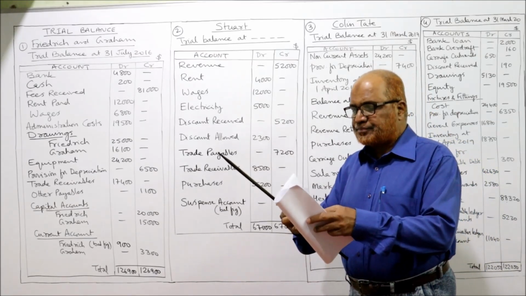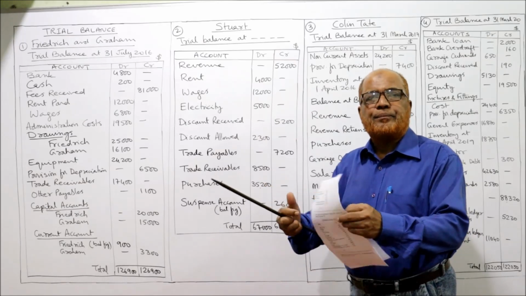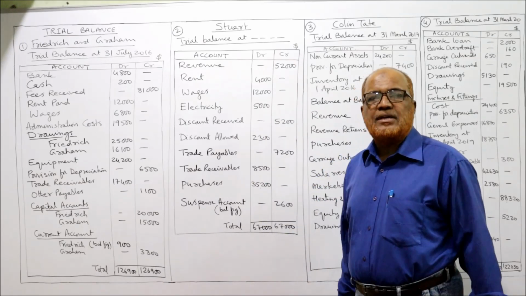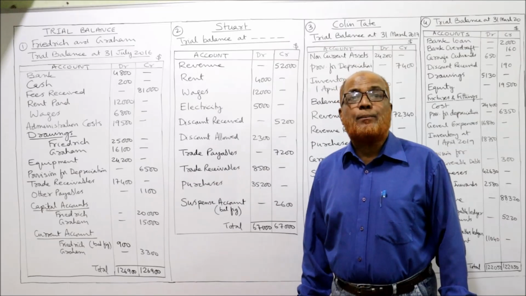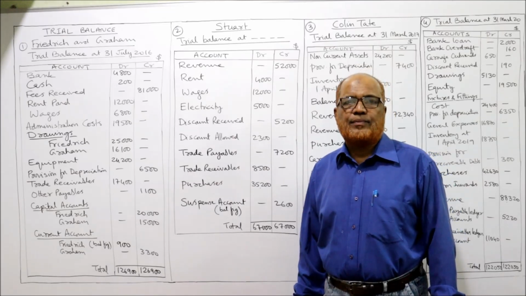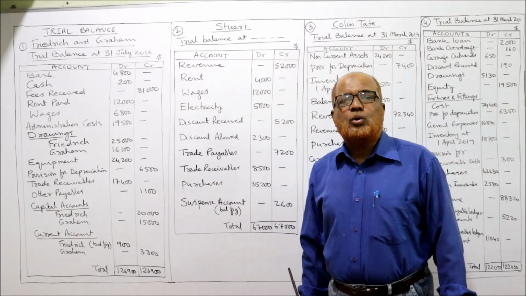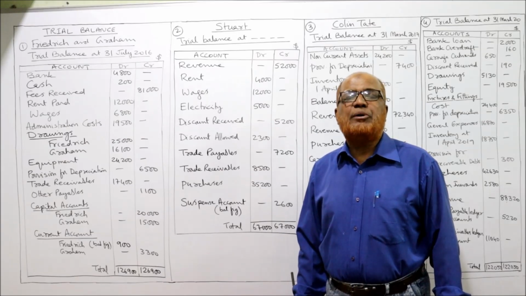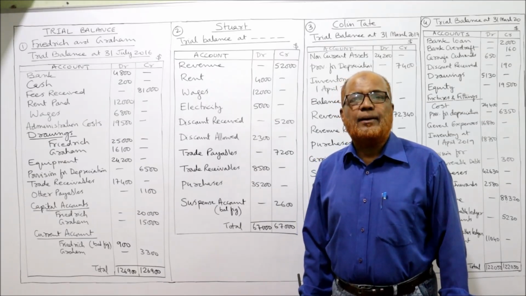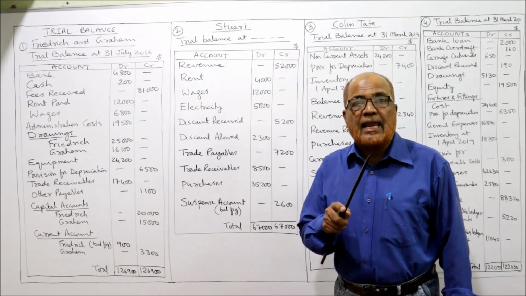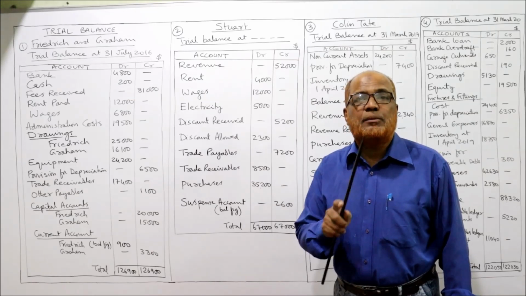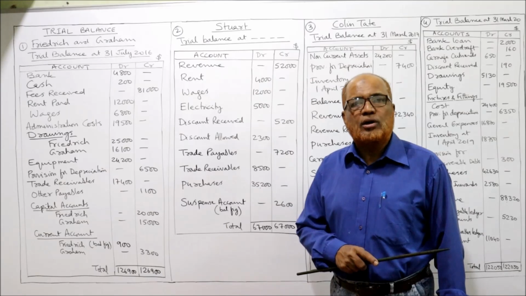Next page, trade payable. Trade payable is the amount to be paid to credit suppliers, and it's a liability. It will show a credit balance.